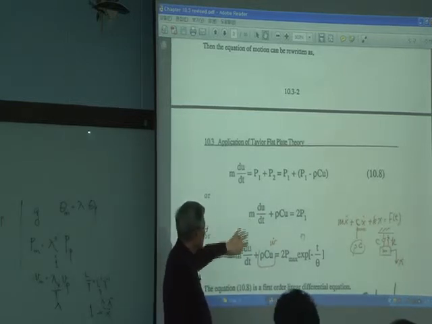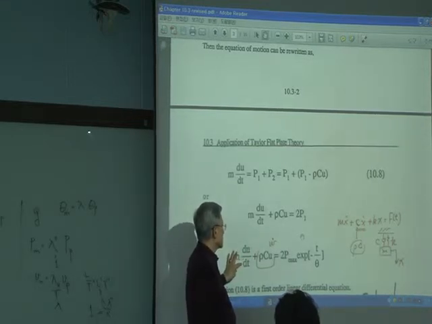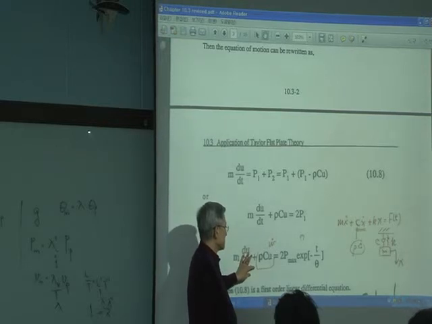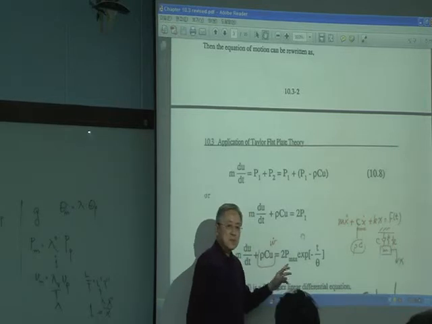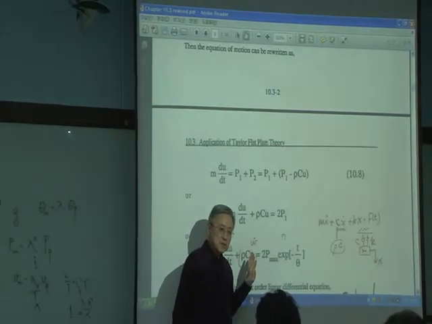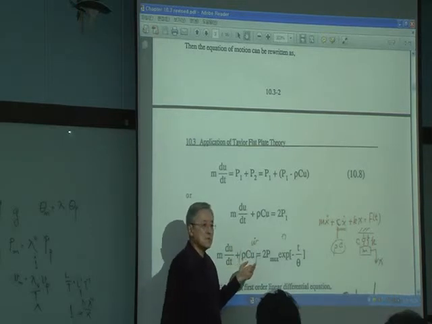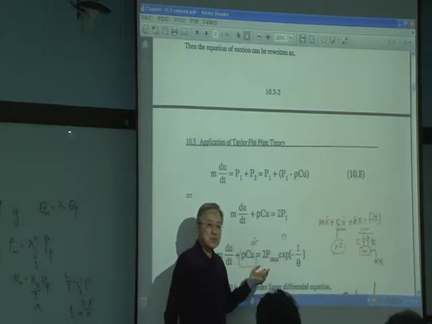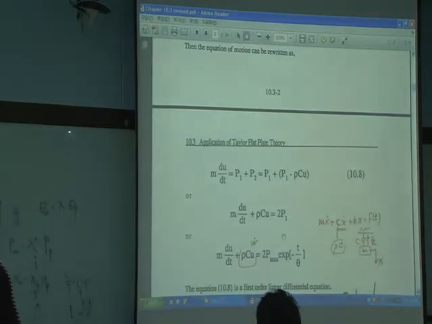This is the same as before, except I put the P1 into this. This is a full first order differential equation. Usually this is one of the overnight homework problems. You have to solve the first order differential equation to get the solution for u. It's very simple, so you can do that.